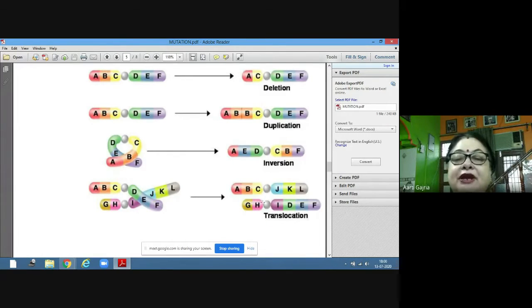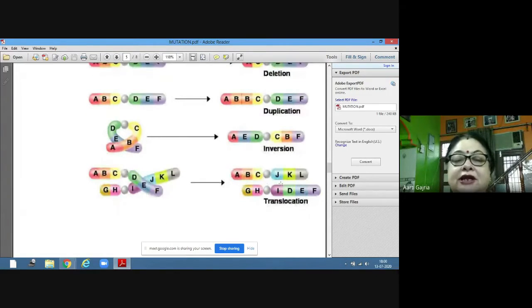So what happened? A, E, D, C, B, F. This is because of the inversion. And this is because of the translocation. In translocation, what happened? A, B, C, and in place of D, E, F, here comes J, K, L, and D, E, F would come here on the second one.